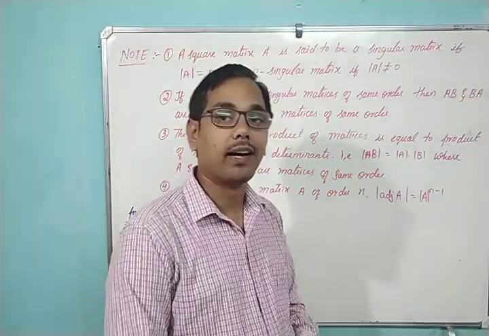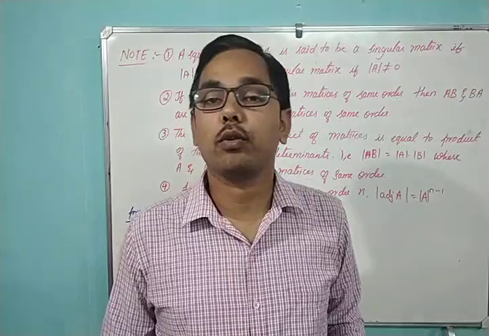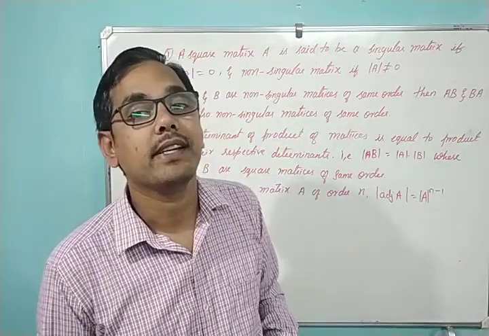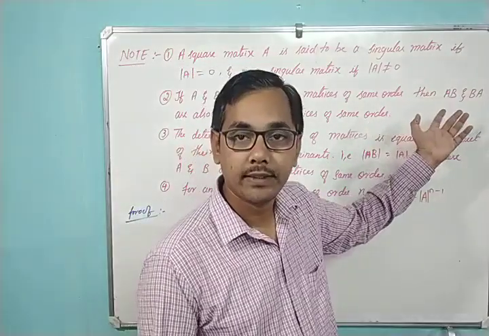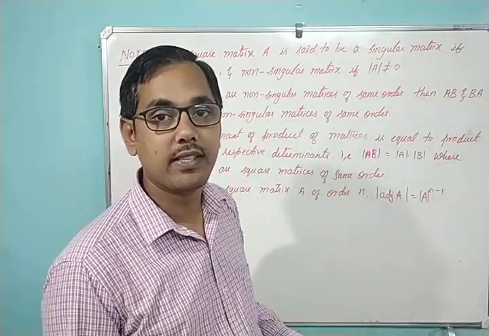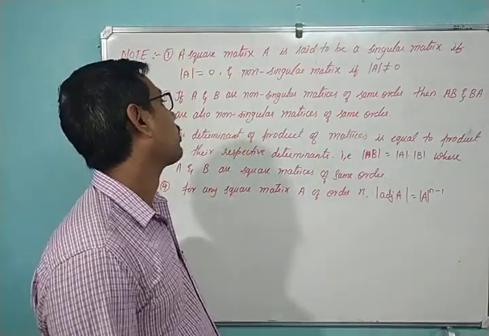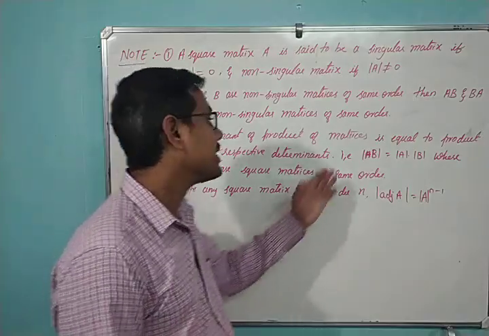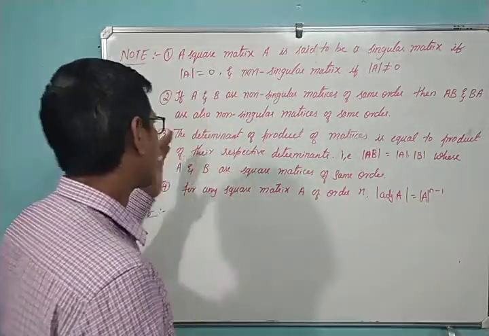If A and B are matrices of the same order and their determinants are not equal to 0, then the product AB is one matrix, and that matrix will also be non-singular. That is, the determinant of AB is not equal to 0. Similarly, BA also will not be equal to 0, and the order of AB and BA will also be the same. That is the second one.